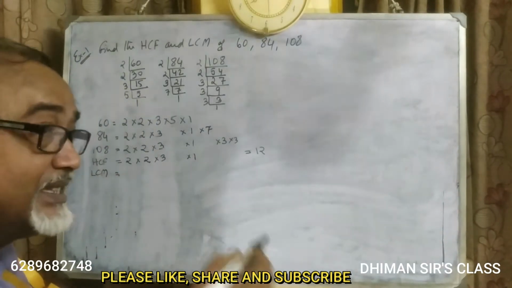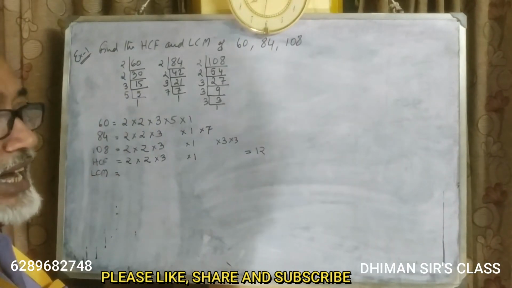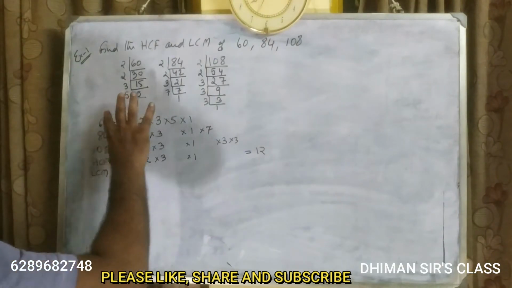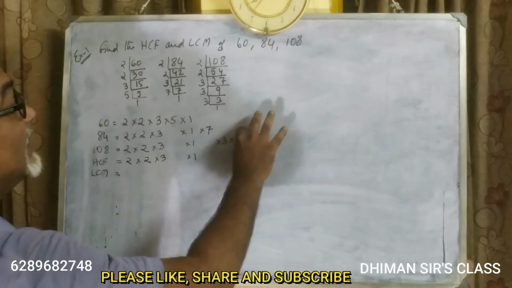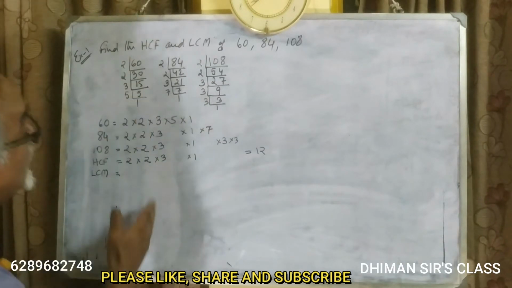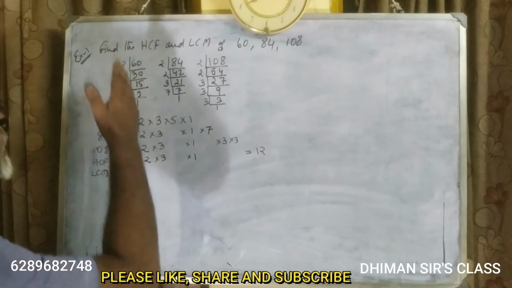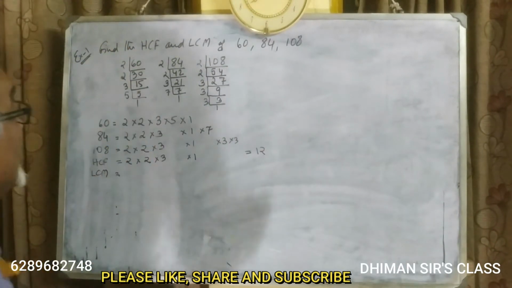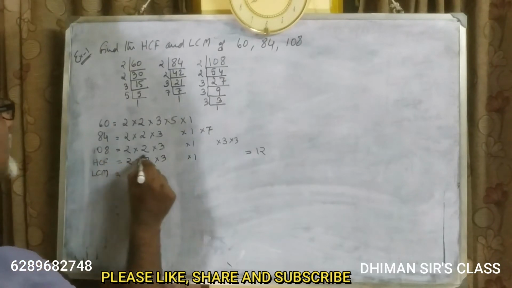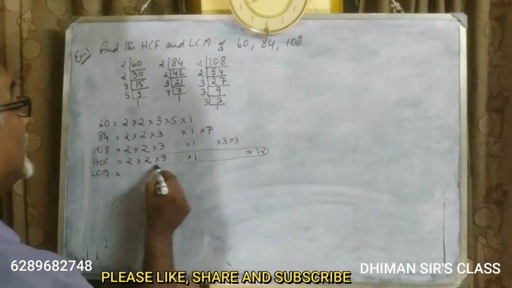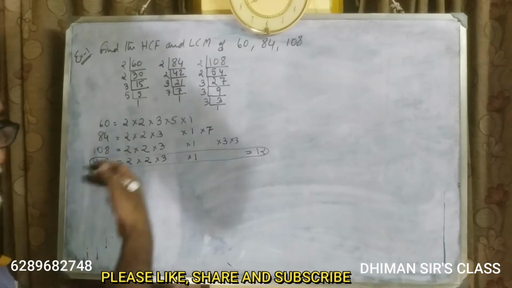Now in case of LCM the case is different. In LCM, whatever numbers we have got collectively, each row, each column should be written. See, forget this HCF now. Ignore this.